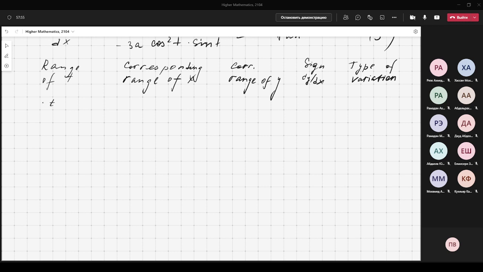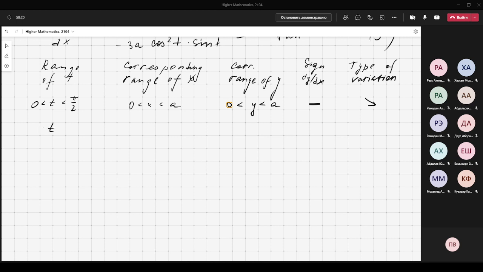If t goes from 0 to pi over 2, we have x from 0 to a and y from 0 to a. The sign is minus and the function decreases.